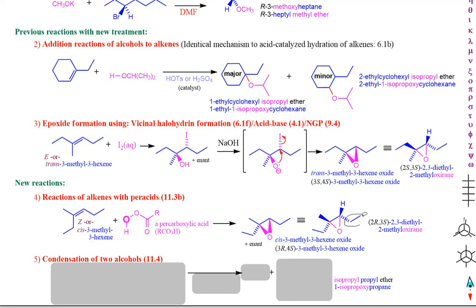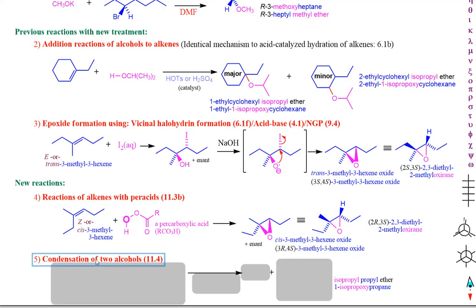Notice the two ethyl groups are on the same side here, and they started on the same side here as well. Here the ethyl's up and down and up and down. And it's all because backside attack and the syn addition of the iodine to make the triangle. A lot of talk. Moving on.